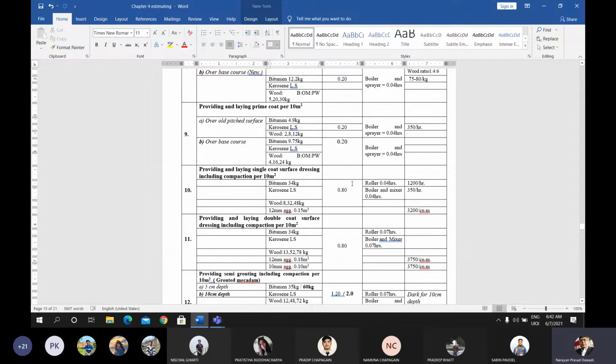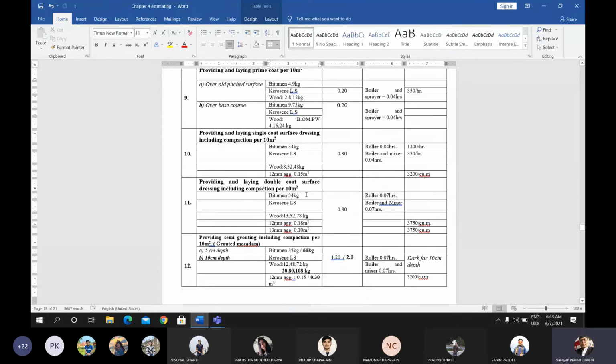Number of labour required as unskilled labour is 0.80 number, the roller for compaction is 0.04 hour, and the boiler and mixer for mixing the bitumen and the 12 mm aggregate is 0.04 hour. The rate of the roller is 1200 per hour, and the rate of the boiler and mixer is 350 per hour. Okay. After knowing this, you can make the rate analysis by yourself.